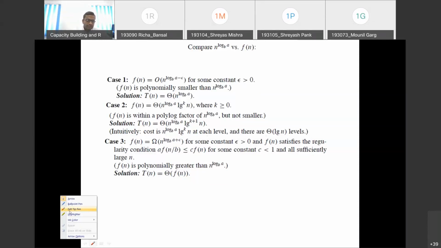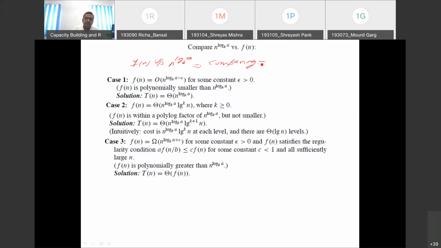All three steps are just the result of comparing these two terms, and based upon their comparison there were three options.